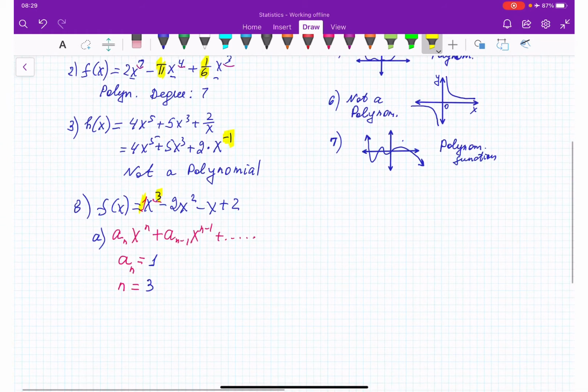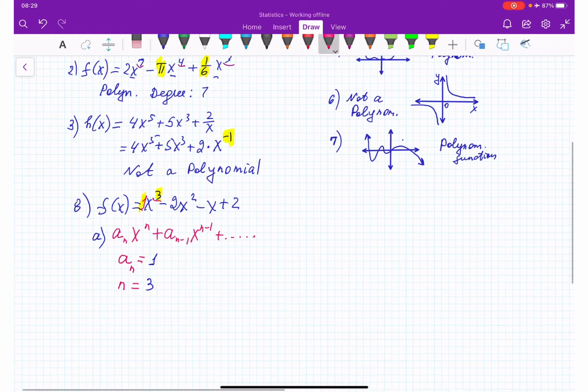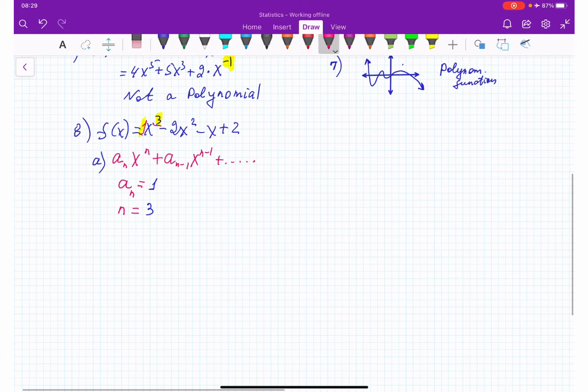So how are we going to identify end behavior and which way it goes? Here is the template. So first of all, we are looking at 2 cases: a is greater than 0 and a is less than 0. Maybe I would just move this on the side, so we will keep it as a template.